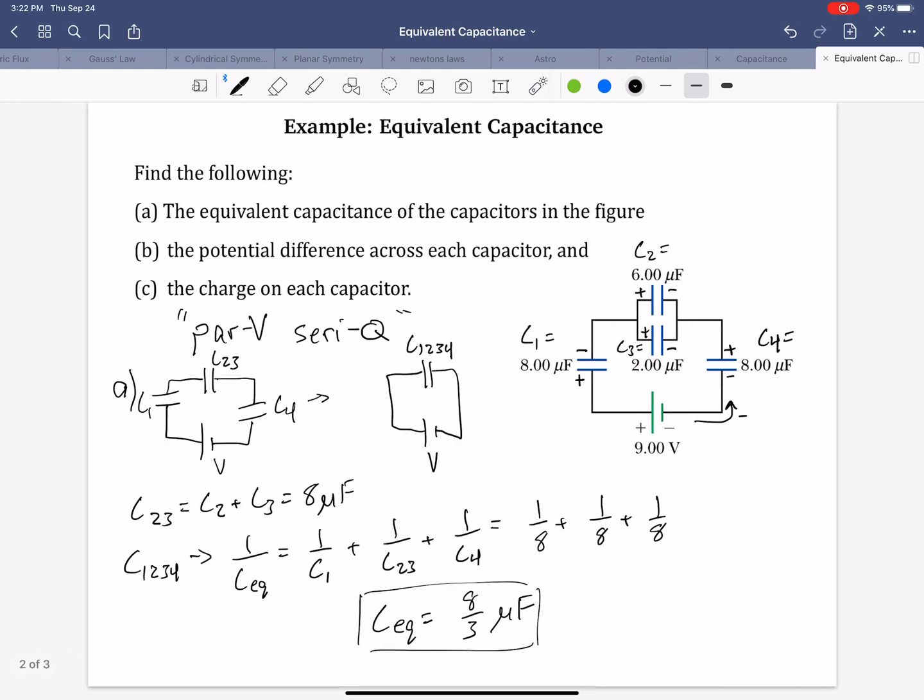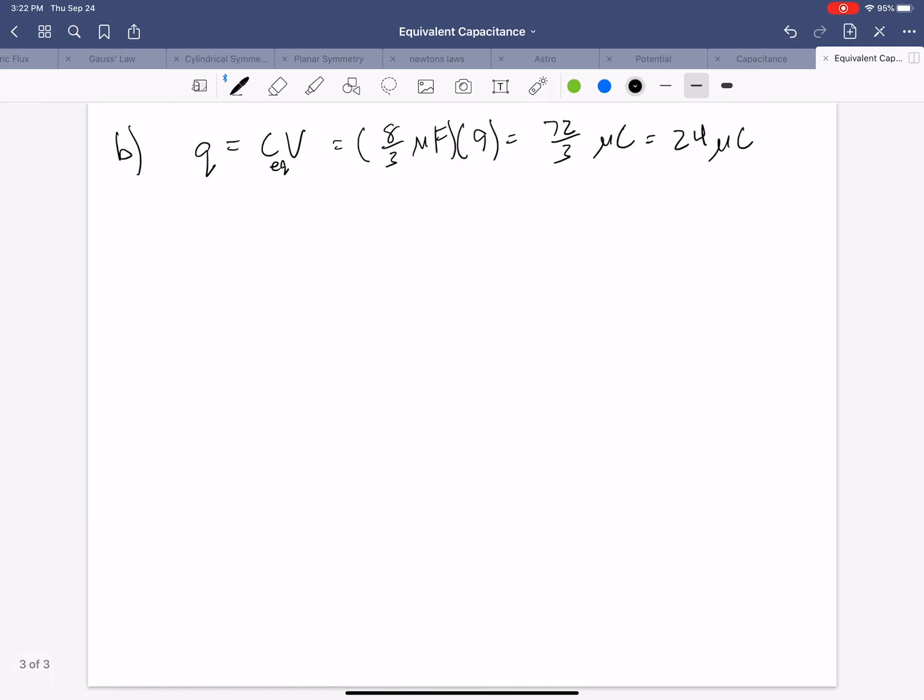All right, so now let's see how much charge is deposited on each of those individually. So for C1, the first one, Q1, we basically have C1 times the voltage across capacitor 1. Well, that was equal to 8 microfarads times the voltage.